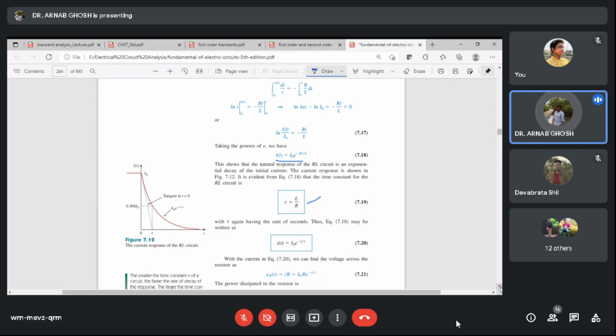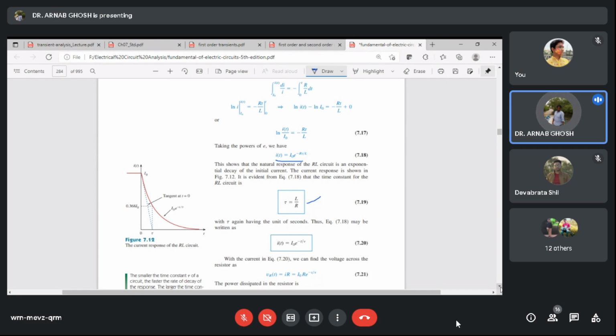The time constant, for this inductor, is the time required to reach 36.8% of its original value. This was the same in case of the voltage as well, or in case of the capacitance.